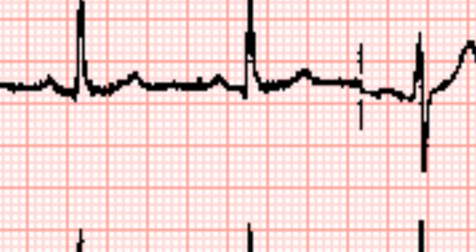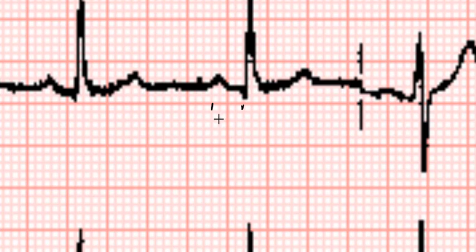So the P wave here, I said, is less than 0.12 seconds, almost less than 3 small squares. Here it's almost 2 small squares, 0.08 seconds, so it's normal. Now the PR interval, from here to here, 1 2 3 4 small squares, almost 0.16 seconds.